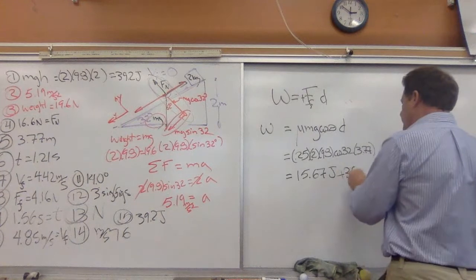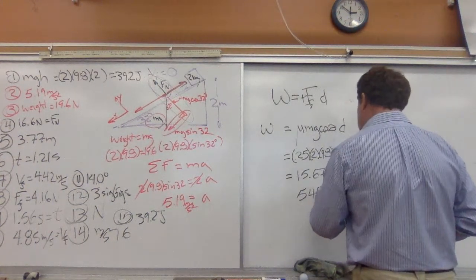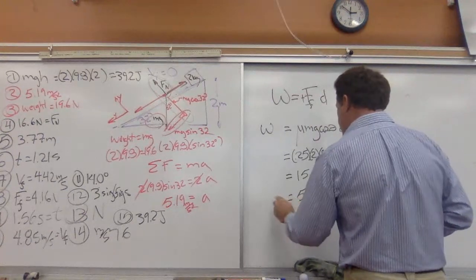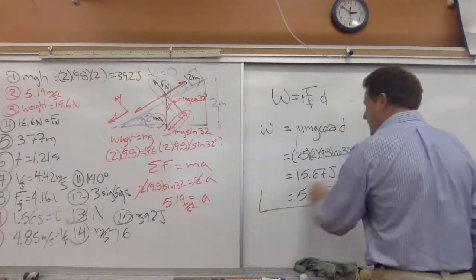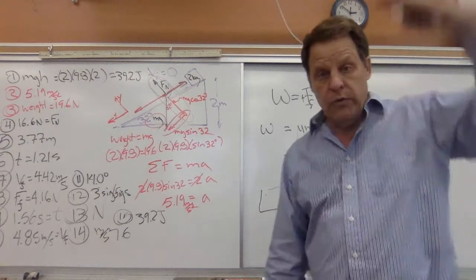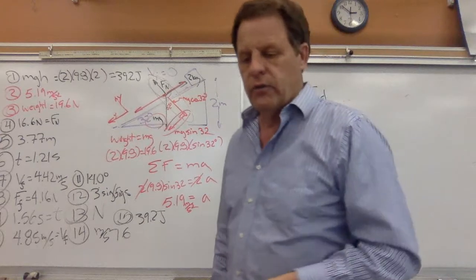So plus our 39.2 is going to give us 54.9 joules, and that is equal to the amount of work to move it up against potential energy plus friction.